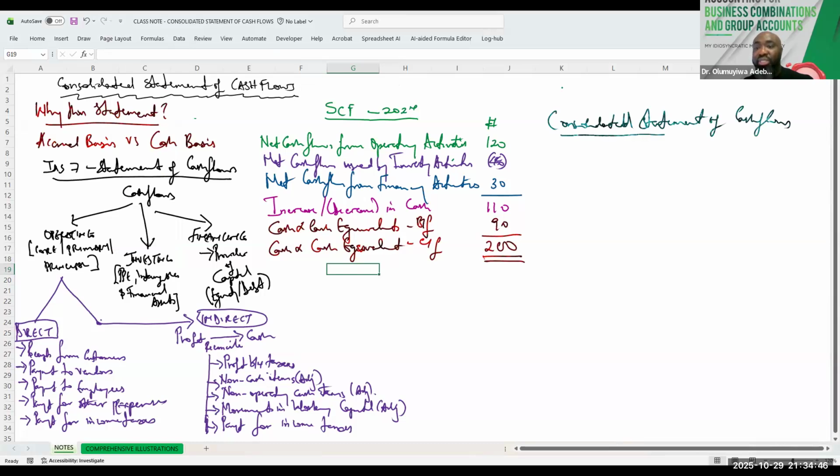Now, we are going to be using the exact principle of single entity that applies, which means flowing from IAS 7 statement of cash flow for a single entity.